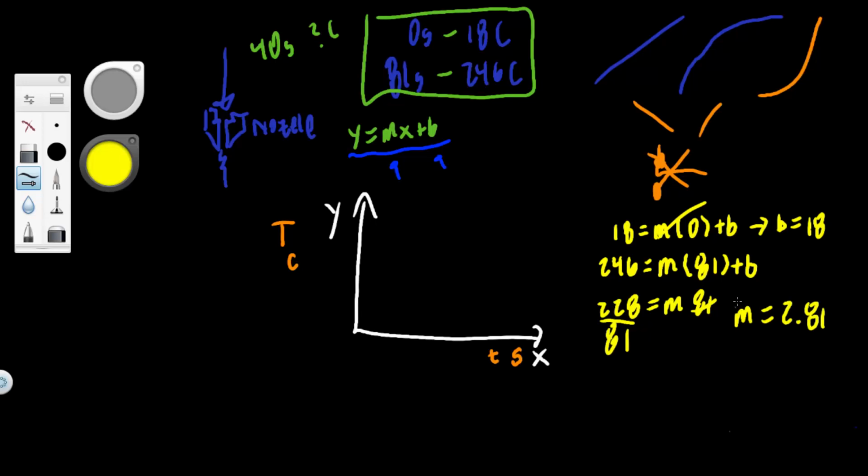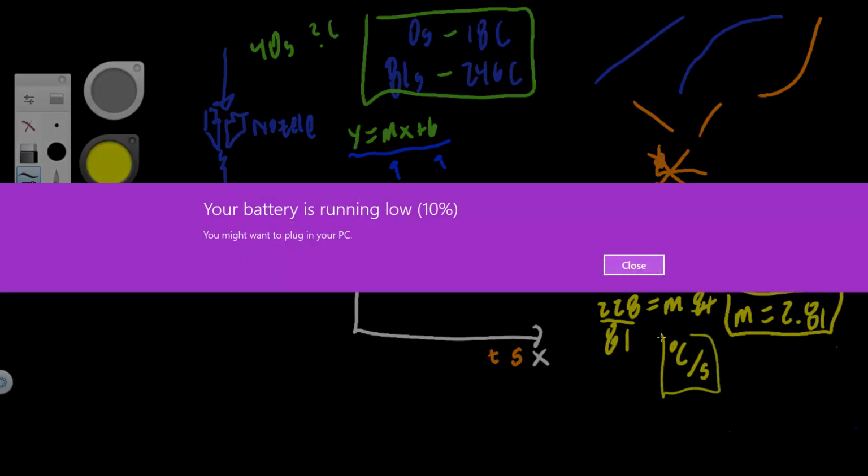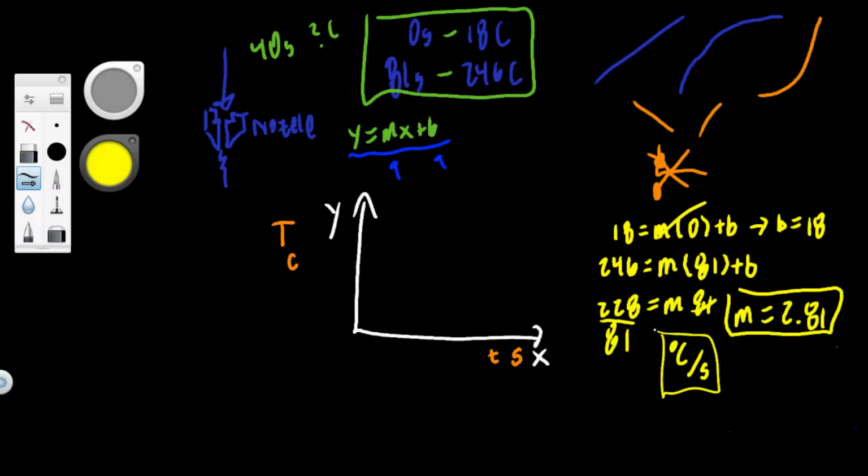Now let's think about the units. That's rise over run, so degrees Celsius per second is the slope.